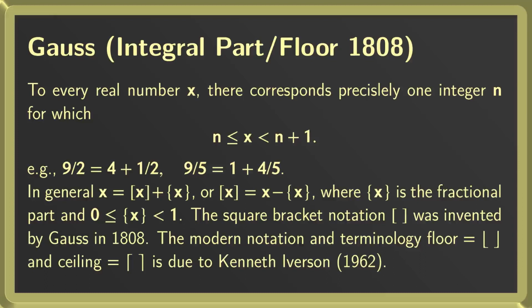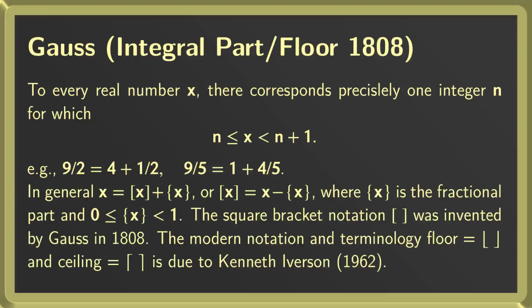The number 9/5 can be expressed as 9 divided by 5 is equal to 1 plus 4/5. Therefore, we see that the integer part of a number x can be written as x minus its fractional part. Note that the fractional part always lies between 0 and 1, irrespective of the number.